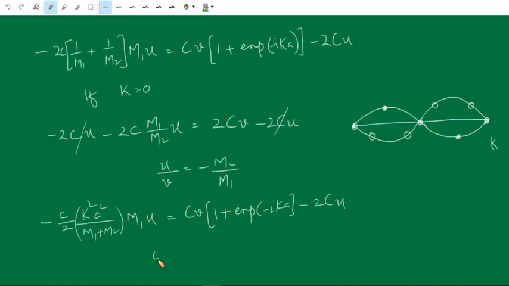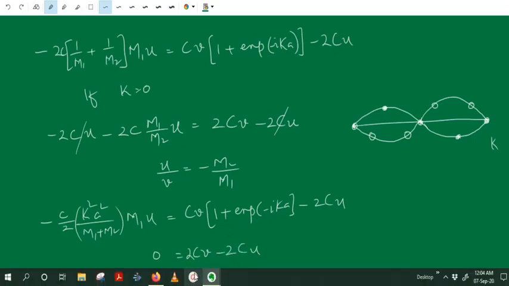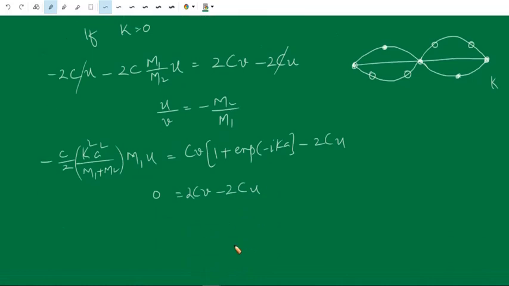So we can write 0 is equal to C v into 2, that is, 1 plus 1, so 2Cv minus 2Cu. From this we can write u equal to v. So that means at k equal to 0, corresponding to the acoustic mode, both the atoms vibrate together. Atoms move together.